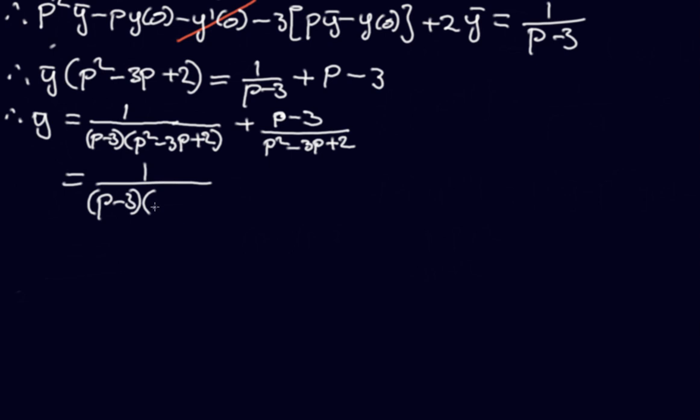So the factors here, we can see it's p minus 1, p minus 2, nice linear factors. Here it's p minus 3, p minus 1, p minus 2. Right, okay, so this is what we get.